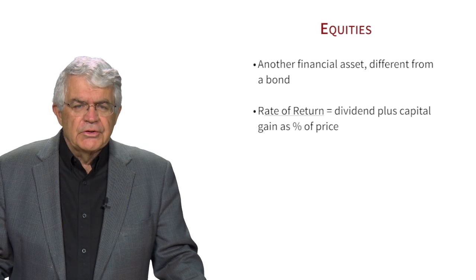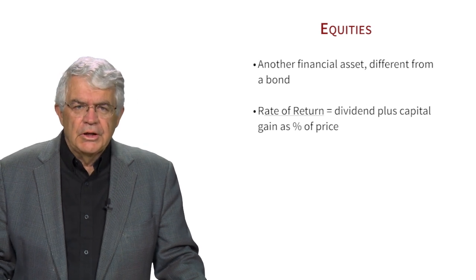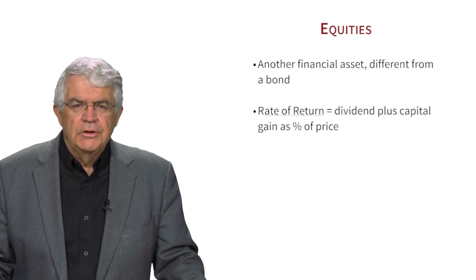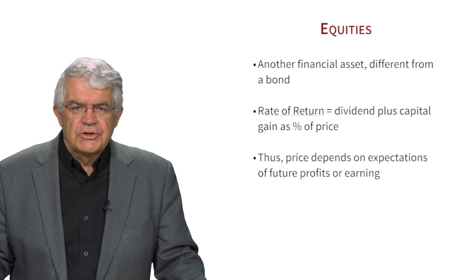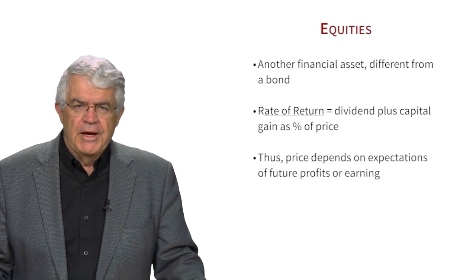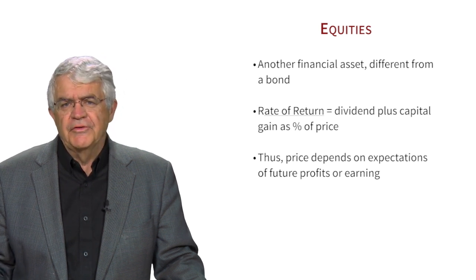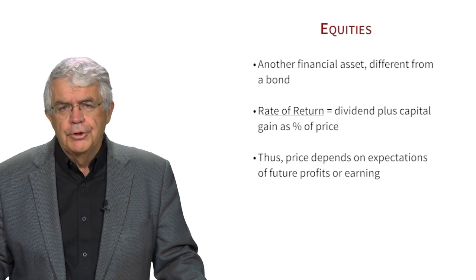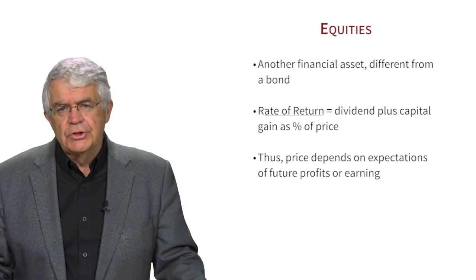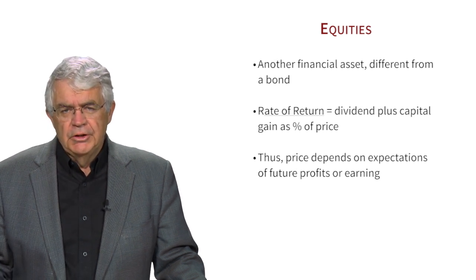Now, because of this, the price of a common stock, the price of equity, is going to depend on how much dividends the firm will be able to pay out. And therefore, it depends on the expectations of the future profitability of the firm, or earnings. The word earnings is used synonymously with profits in the case of common equity in business firms.